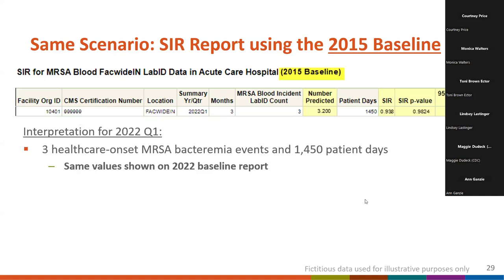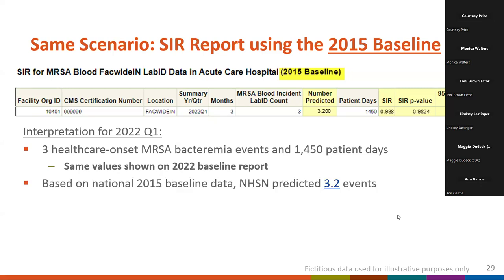You'll see that this report is showing the same number of observed HAIs and the same number of patient days that we saw on the 2022 baseline report. Based on the 2015 baseline and risk models used in this report, we see that NHSN predicted 3.2 events to have occurred for this facility.